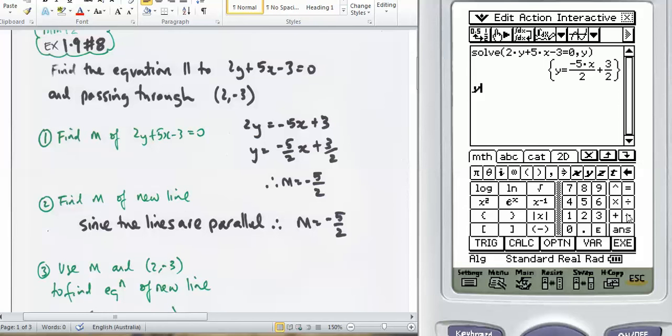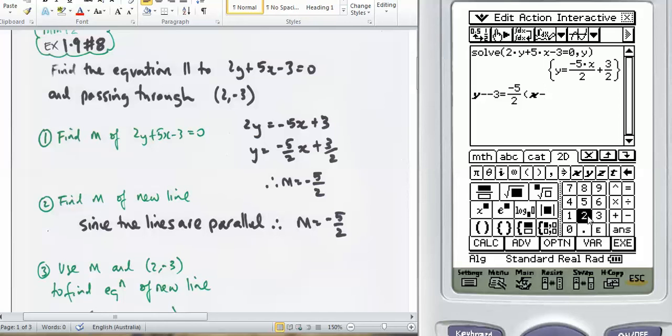I now know that y - y1, which is -3, equals m, which is -5/2, (x - 2).